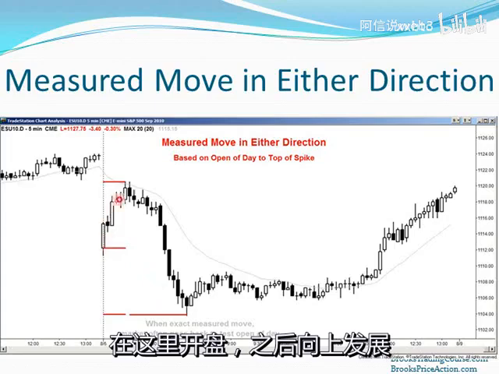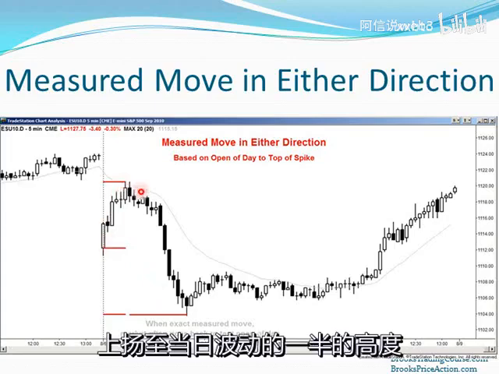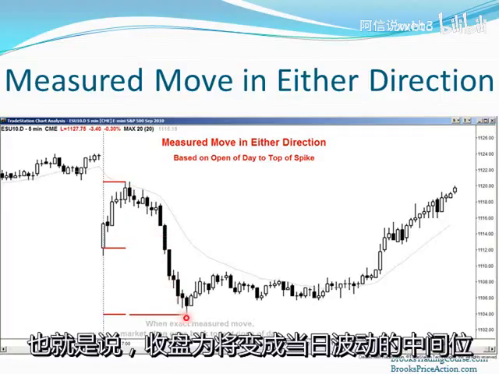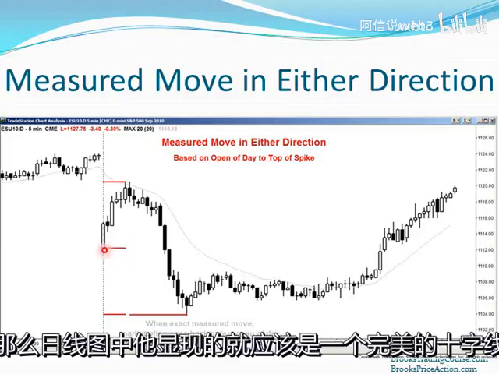So we had the open, it traded up for about half of an average daily range, and then it started to reverse. When it's starting to do this, traders expect it to trade down for about the same number of ticks, and for the open of the day to end up as the exact middle of the day, creating a perfect doji bar on the daily charts.